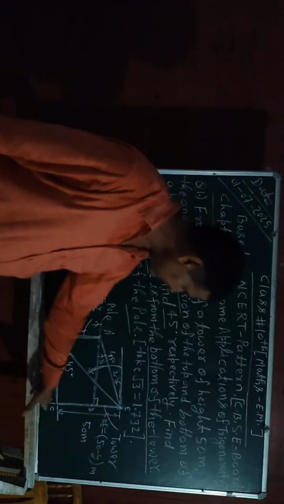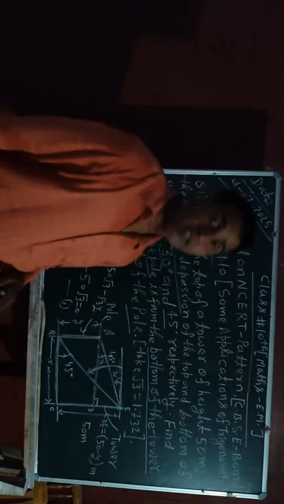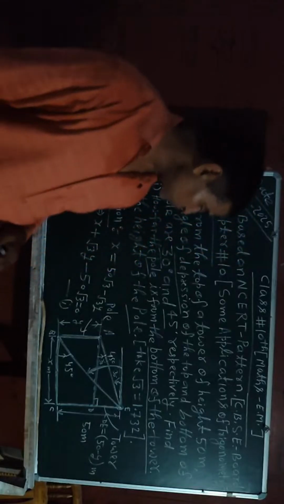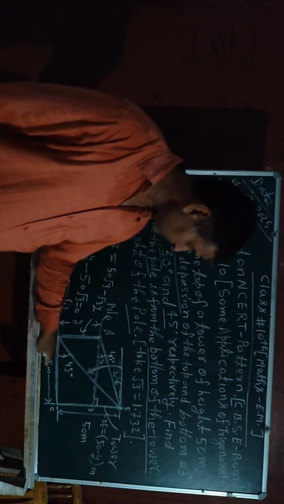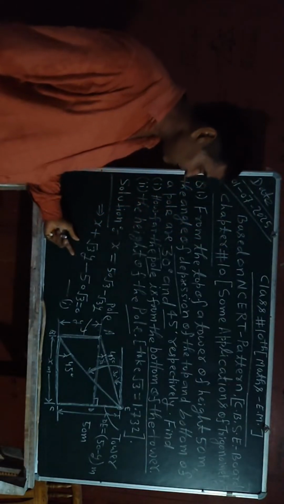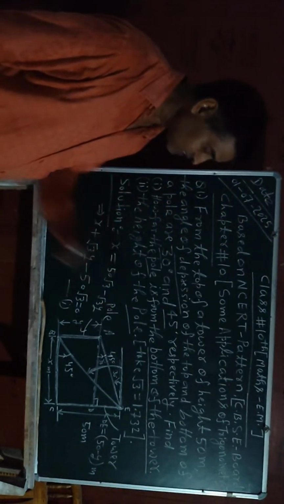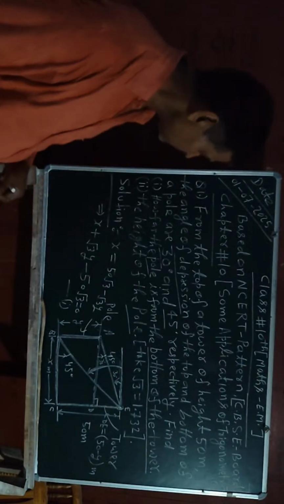Similarly, I will follow the triangle BCE for getting one more linear equation in two variables. So I will get its value after simplifying it. Okay, so this is a linear equation, I will say, and the second right angle triangle I will consider for getting the value. Okay, student.